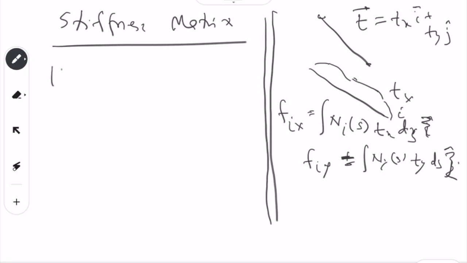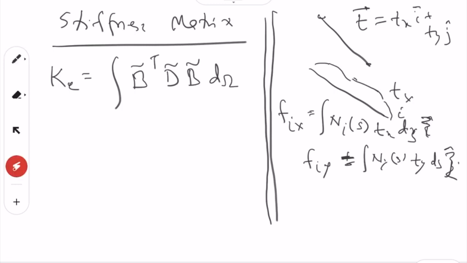We know that K E is nothing but B tilde T D tilde B d omega, integrated over the whole omega, so this is K like this. Ours is a triangle, which is like this.